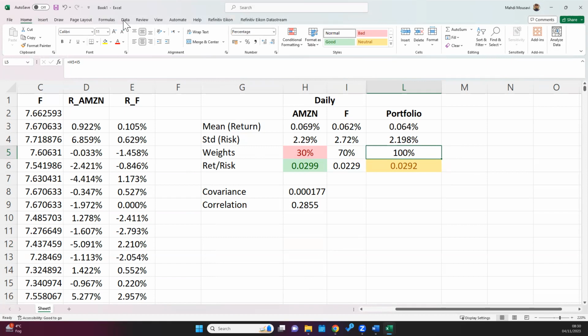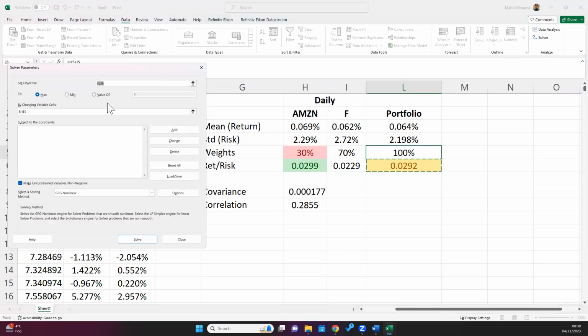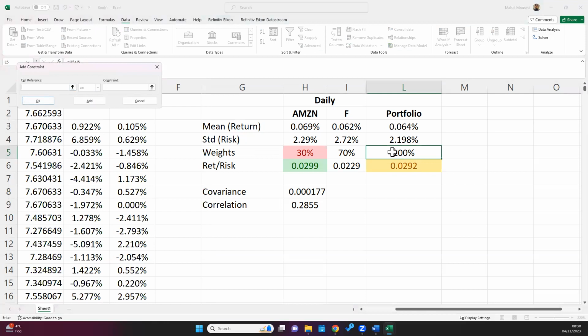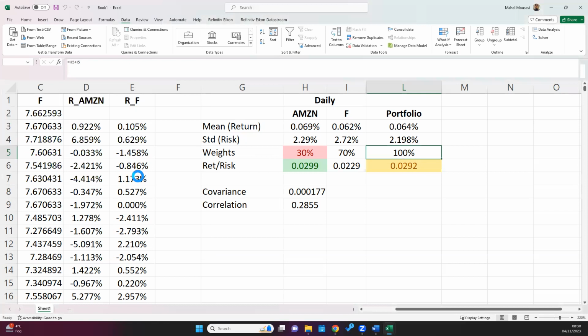So let's go back to the Data Solver. As I said, we set the objective, we set the value to be changed, and now we are going to add a constraint. The constraint is that this cell should always be equal to 1, and then press OK.